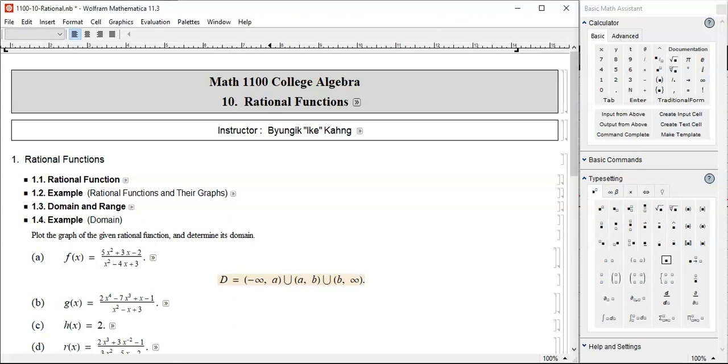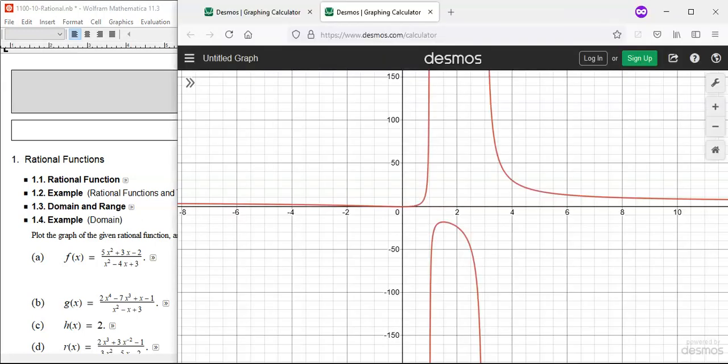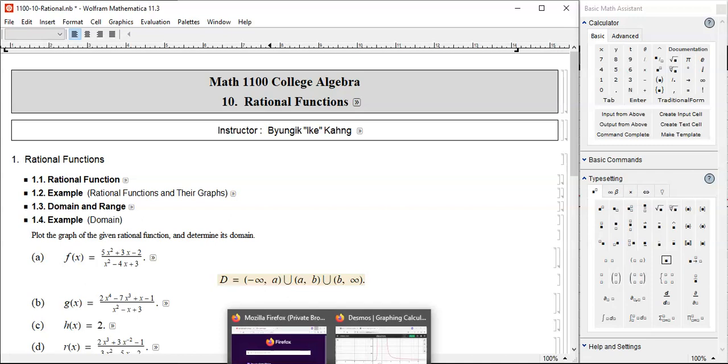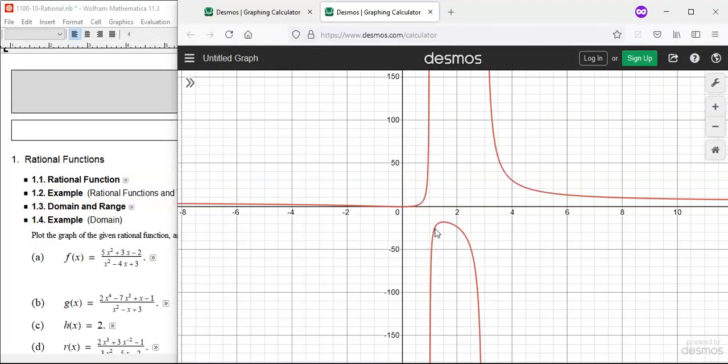That's what we expect. 1, 2, 3 curved pieces, 1, 2, 3 intervals. And what are those A and B values? Let's go back to this graph. It looks like around x equals 1 and around x equals 3. We'll check.